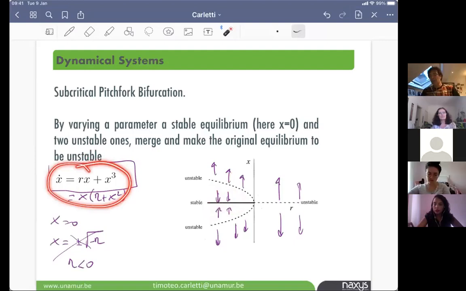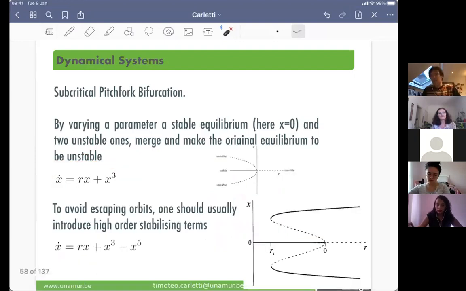So once you have this kind of subcritical pitchfork bifurcation, it's good to ask which is the next leading term. Of course, it should be a power larger than 3. So I assume that it is x to the 5. What matters is the coefficient in front, if it's plus or minus.